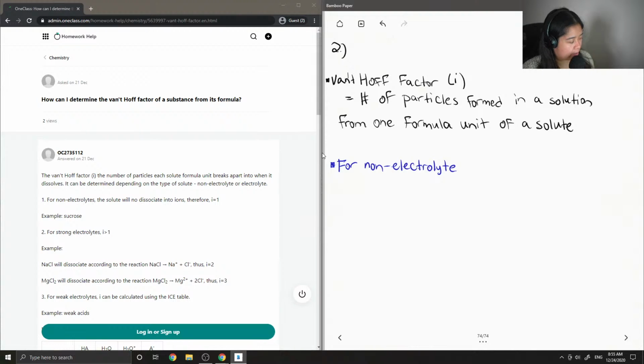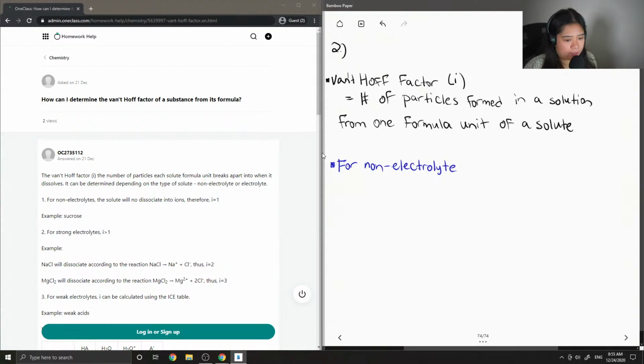I'll just write that down. Non-electrolytes don't separate into ions in solution.